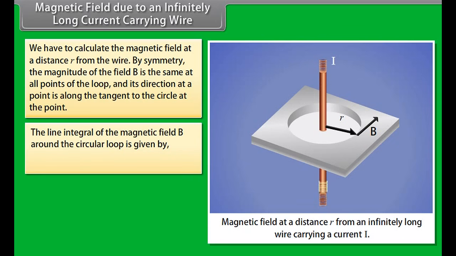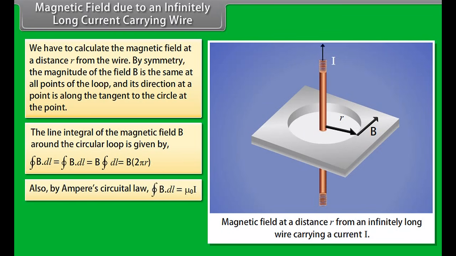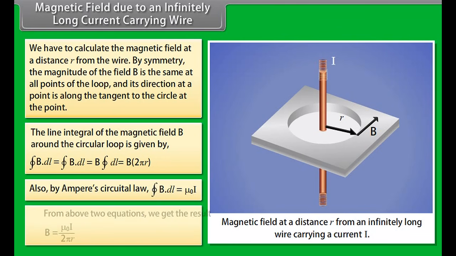The line integral of the magnetic field B around the circular loop is given by the product B and 2 pi r. Also, by Ampere's circuital law, closed integral of B dot dl is equal to mu naught I. From the above two equations, we get the result B is equal to mu naught I divided by 2 pi r.